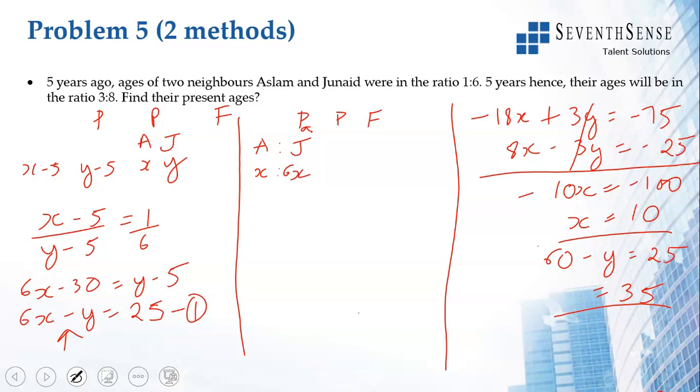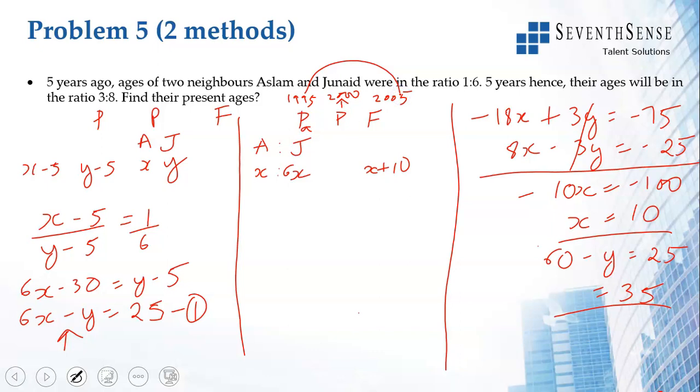Now, if I take the reference point as past, how many years have passed? We need 5 years to come to the present, and then another 5 years to go to the future. So would it be 5? No, it would be 10. Let us say this was 2000. 5 years past, 1995. 5 years future, 2005. What is the difference between these two? 10 years, right?